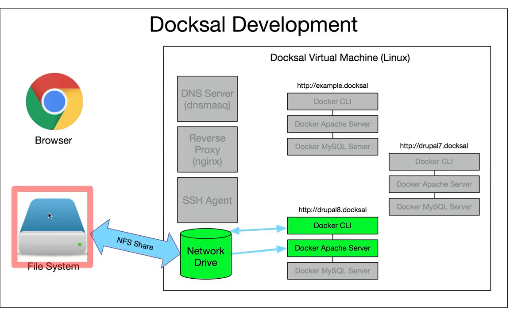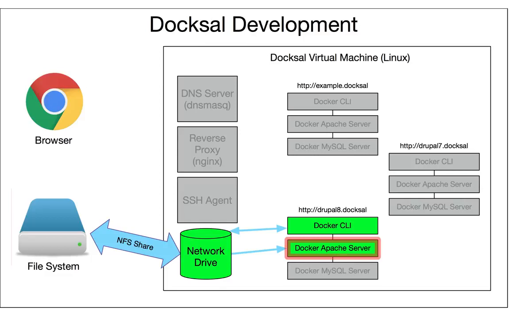So very basically, the way it works is this: you have a directory on your host OS, your Mac or Windows machine. That directory is inside your home directory, and you have Docksal set up inside of this directory. You create a file in that directory, or you modify a file, and it will instantly be available in both the Docker CLI and the Docker Apache server.